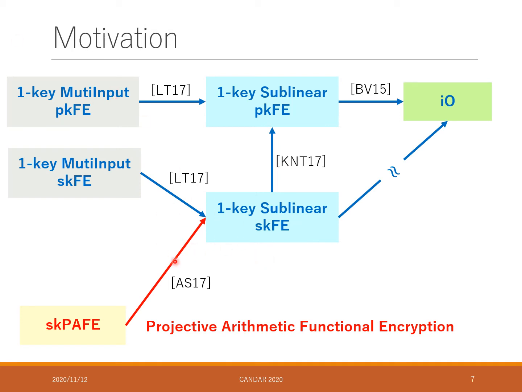So, our motivation is that the public key version of PAFE is not known. So, in this talk, we aim to construct a public key version of PAFE, and PKPAFE implies single key sublinear PKFE.